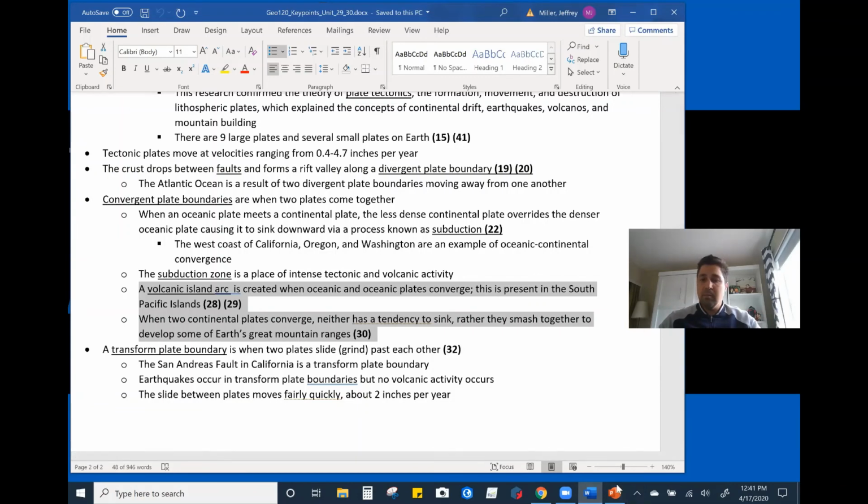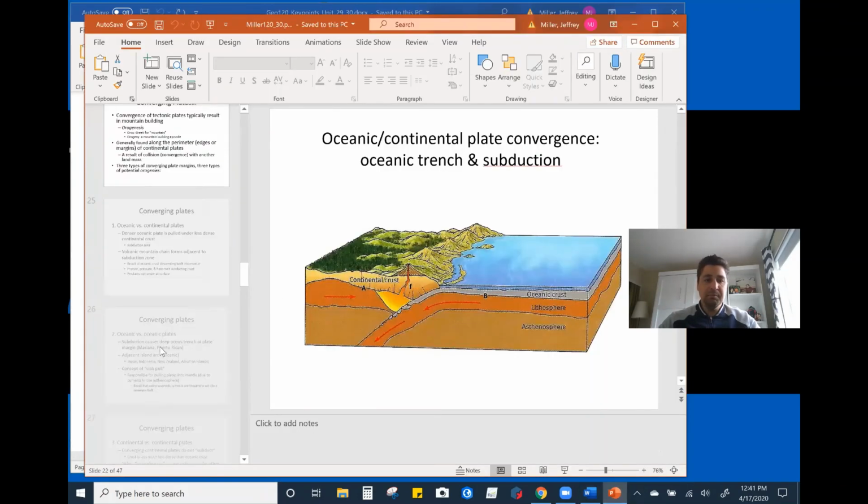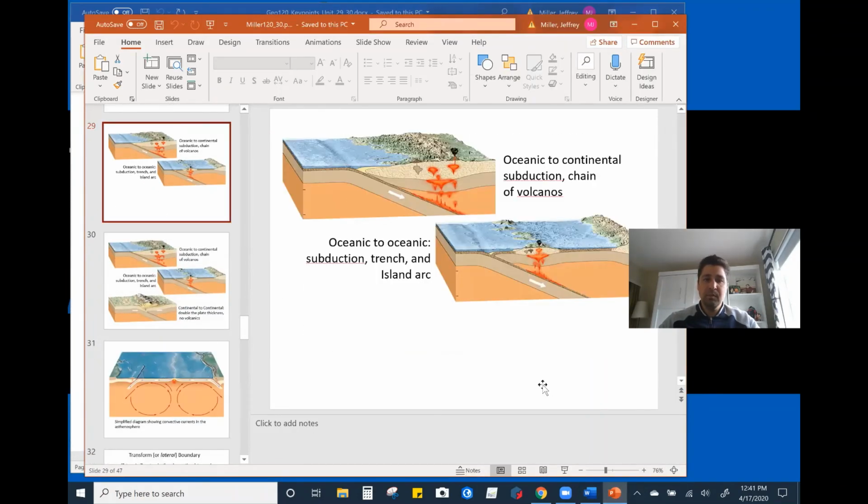Okay, take a look at 28 through 30. Here's the example, we already looked at something like this, but here's ocean to ocean subduction, creating this kind of island arc, because the plates are close to each other and linear. And so very often you see the islands in these straight lines, okay?